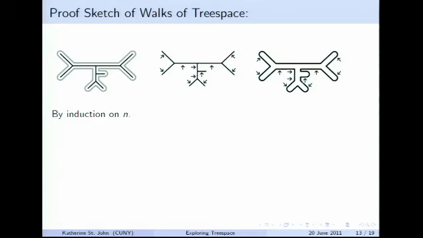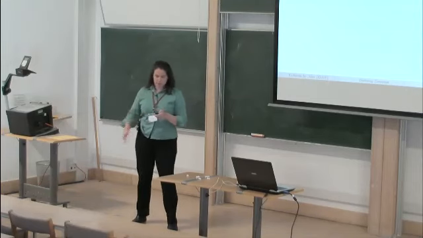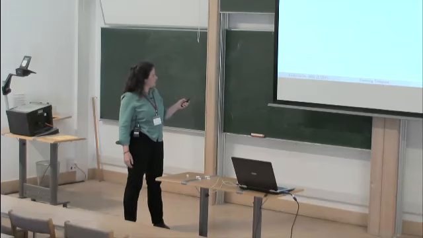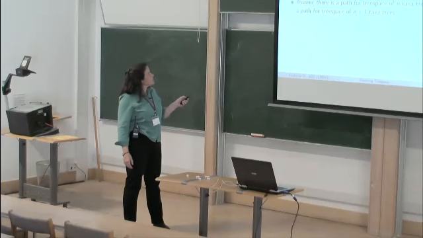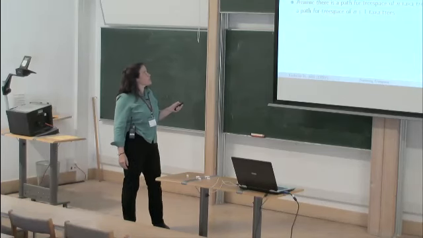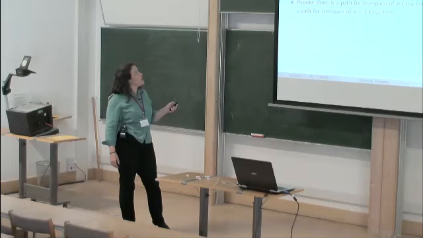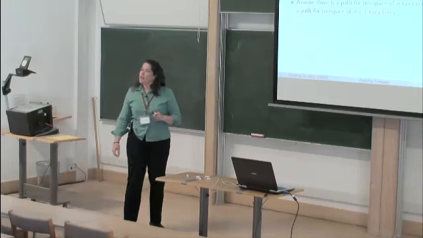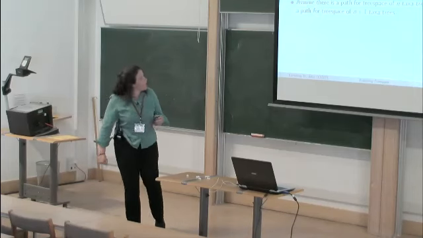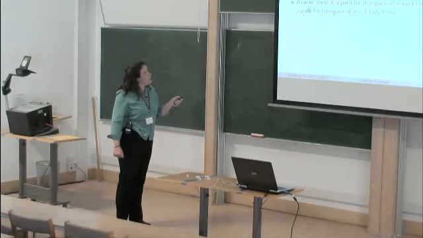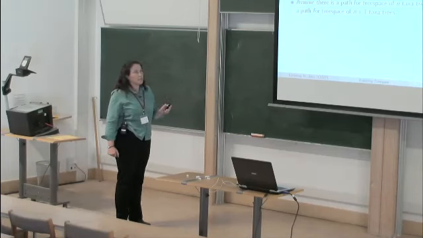If I have a path for tree space on n, then I take every tree, say this is a tree of size n, and I know that I can draw a path, a closed curve around this. And I use that as my guide to have a path for the n plus 1 space.